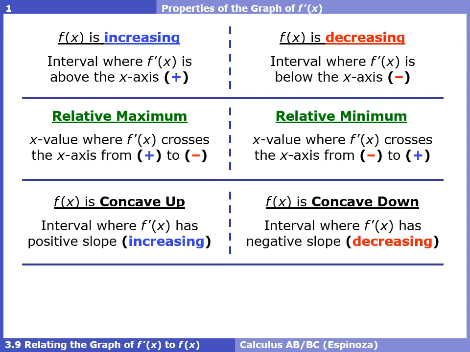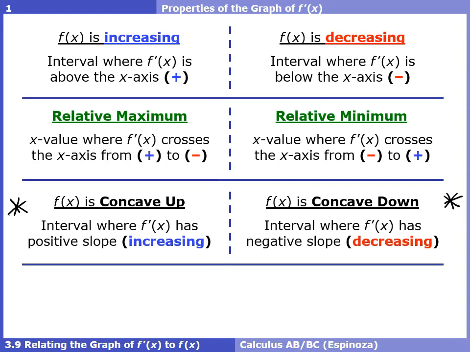So in these two ideas right here, which I would star as ones that might be a little harder to grasp right away, we're not talking about a second derivative. We're using a first derivative to determine concavity. We could still use a second derivative, but in this case we're looking at the graph of a first derivative.